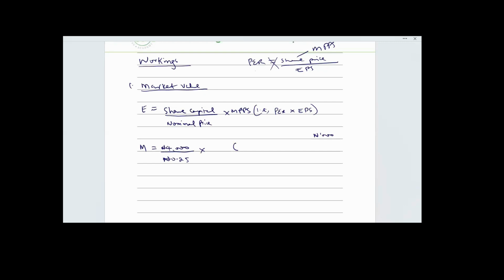Go back to the question. The price earnings ratio of Mississippi is 12. EPS of Mississippi is 25 kobo. So I need to multiply together, 12 multiplied by 0.25. What do you get? 12 multiplied by 0.25, we got 3.